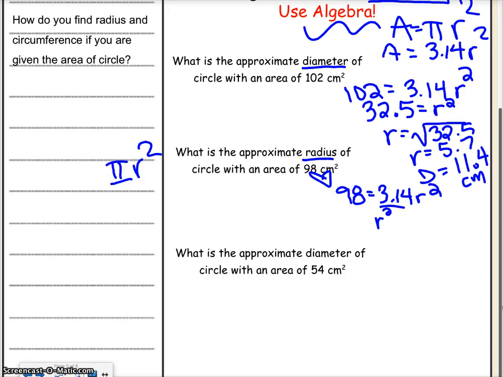So r squared is 31.2. What's the opposite of squaring? Square root. So r is the square root of 31.2. 5.6. And I just double check to make sure I'm done. And I am because all I want is my radius.